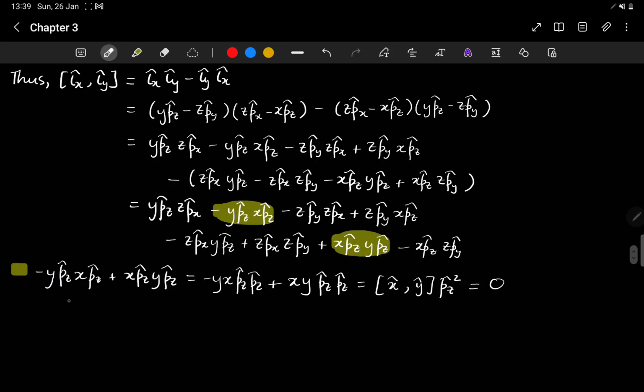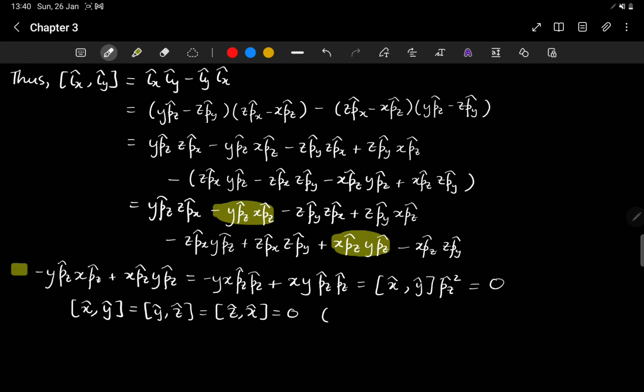Let us just take a quick look. So all these commutators that I'm writing over here, the commutator of the components of the position operator, these commutators are 0. And we can look at one particular example.